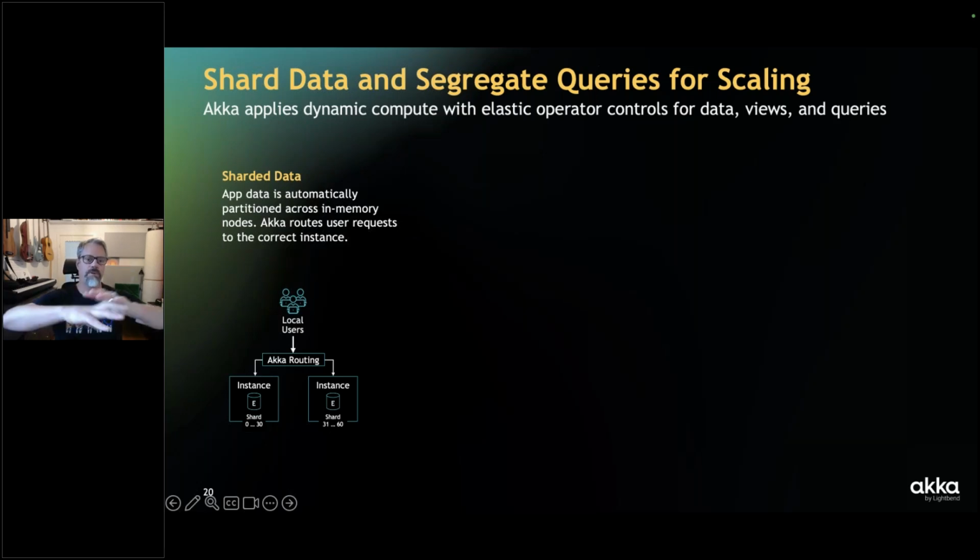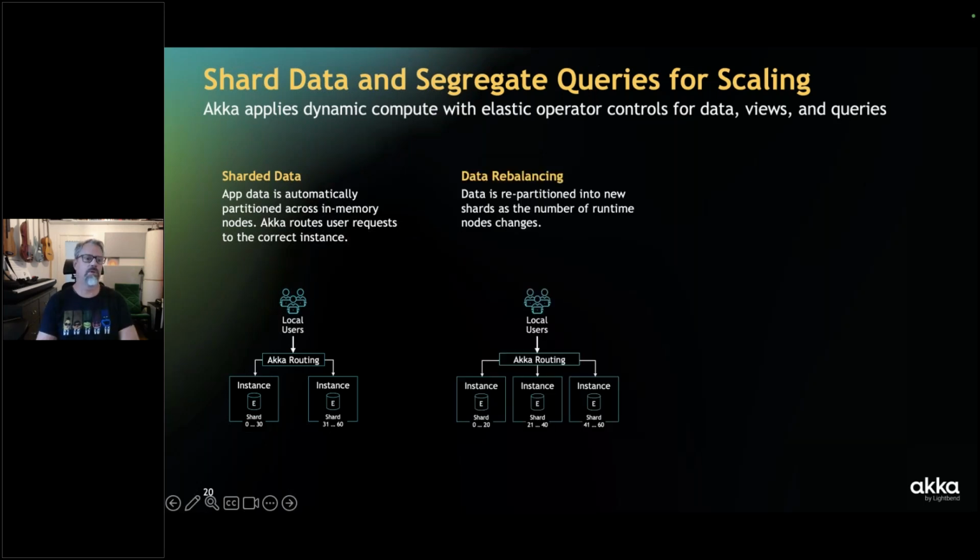We create a node ring where we shard data out on different nodes, and nodes can come and leave as you want. And we use consistent hashing to spread out the data into buckets across all nodes. And if it's a miss, then we do auto routing to the correct instance. Another really important thing when you have sharding in place is to be able to do data rebalancing.